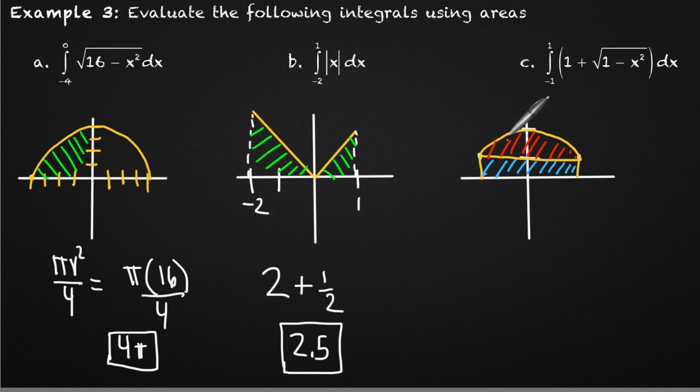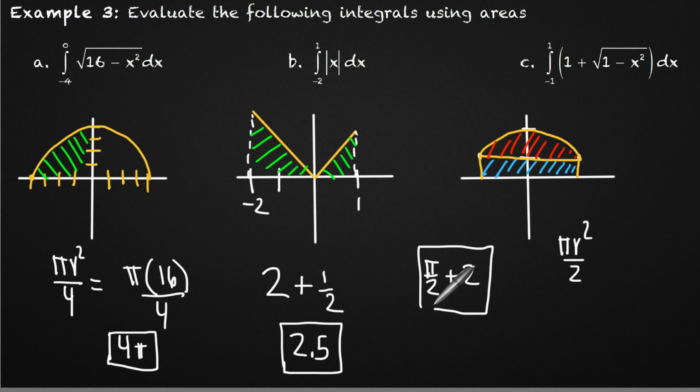All right, so let's see. The semicircle is going to have an area of pi r squared divided by 2. R is 1, so pi over 2. And then the rectangle is going to be, well, it looks like we're going from -1 to 1, so that's going to be 2. And then the height is 1, so 2 times 1 is 2. So pi over 2 plus 2.